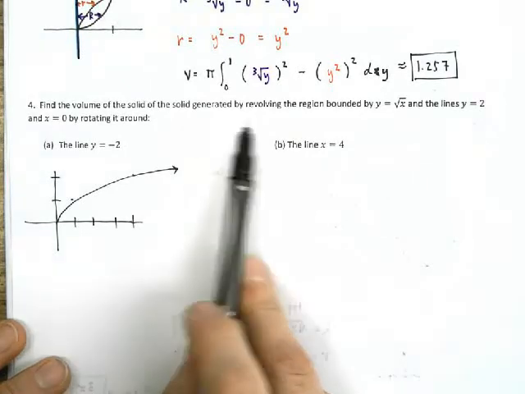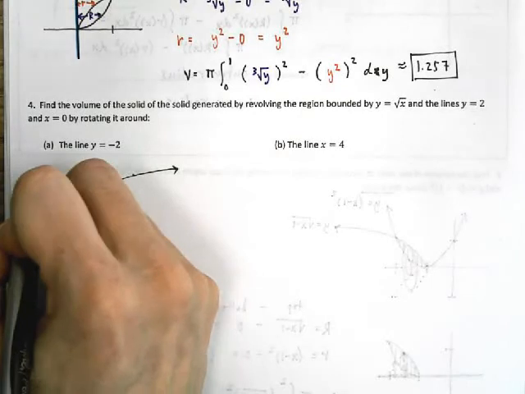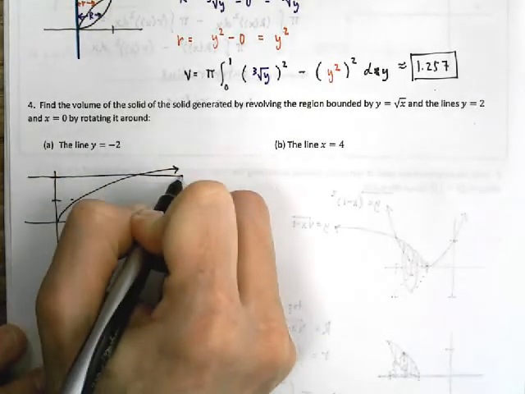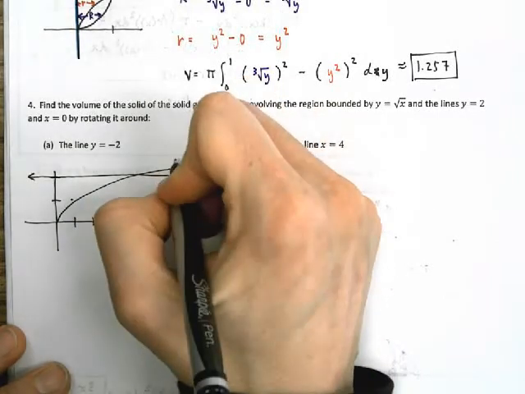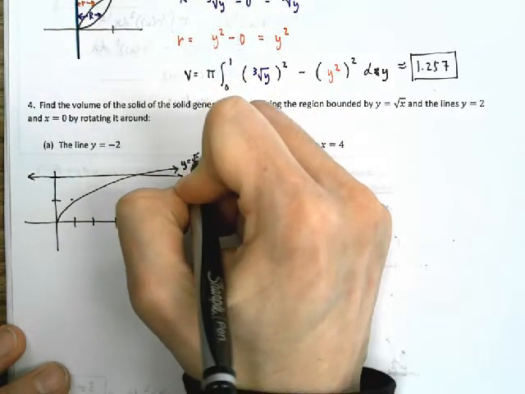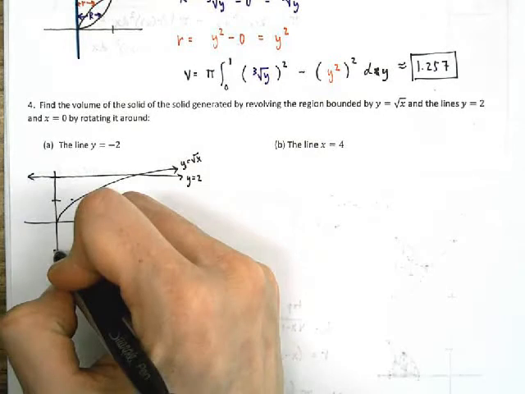And then, by revolving the region bounded by y equals square root of x and the lines y equals 2. Okay, so I've got y equals 2, y equals square root of x, and then the line x equals 0, or our y-axis. Okay, so there is our region.